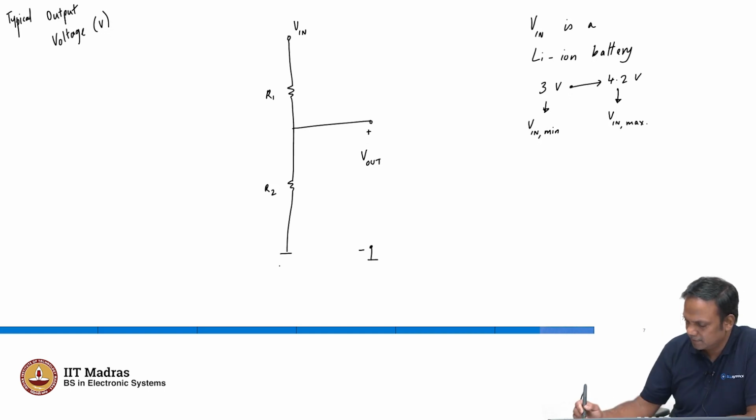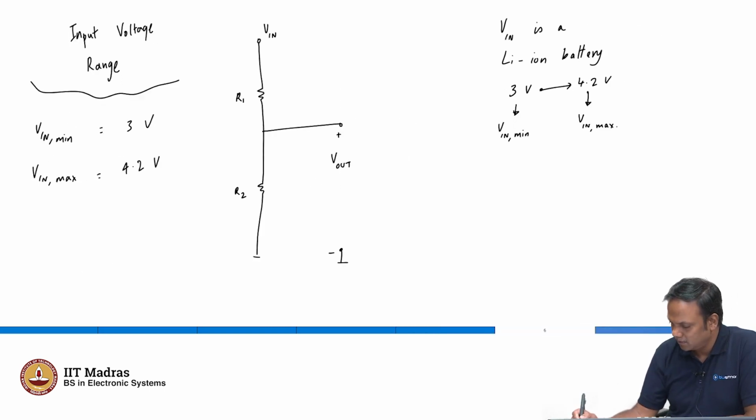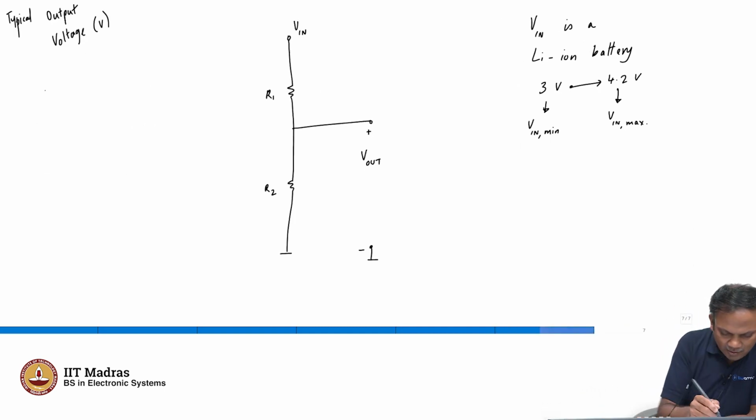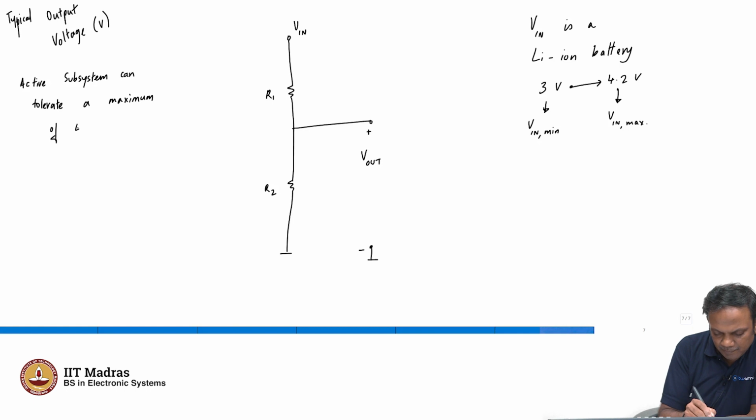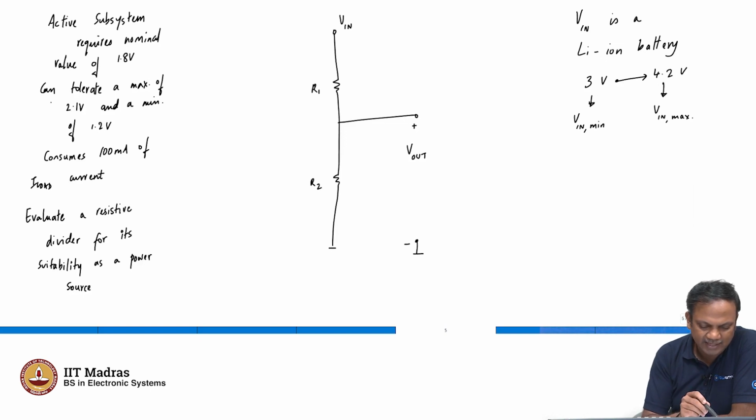What we know is that the active subsystem can tolerate a maximum of 2.1 volt.